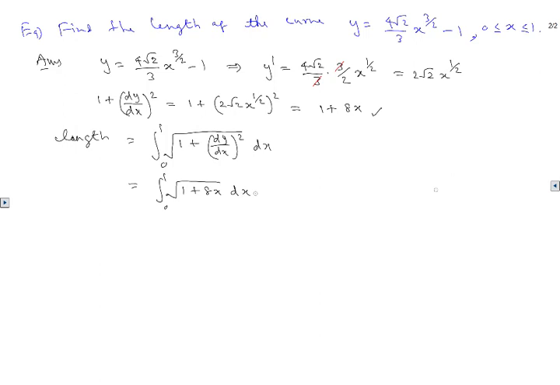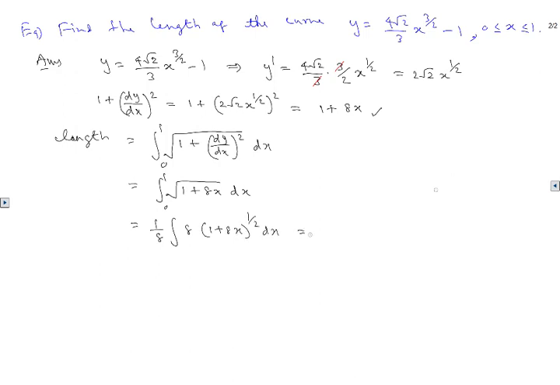If you look at the formulas, you can easily integrate this one, because according to the formula you have a function, and you just need the derivative of the inside function, which is 8. So you can write this as 1 over 8, and then we have 8 times 1 plus 8x to the 1/2 dx.